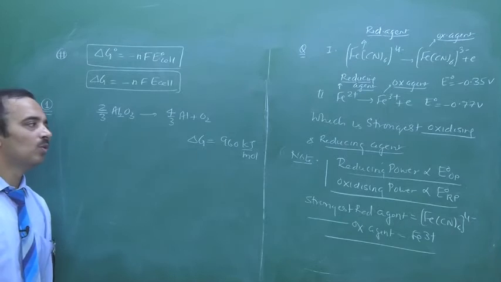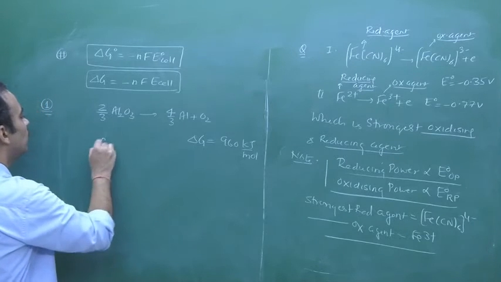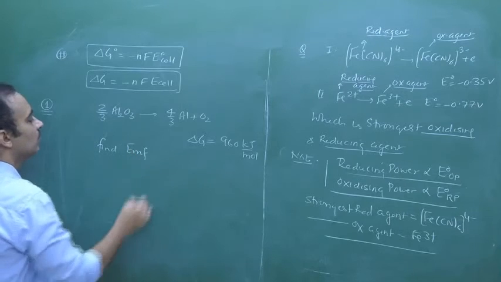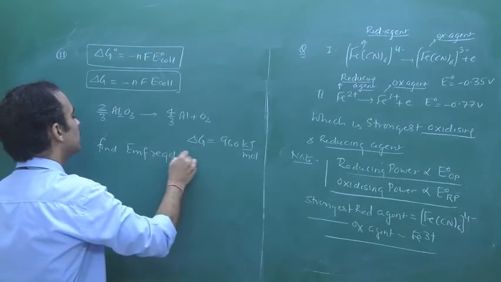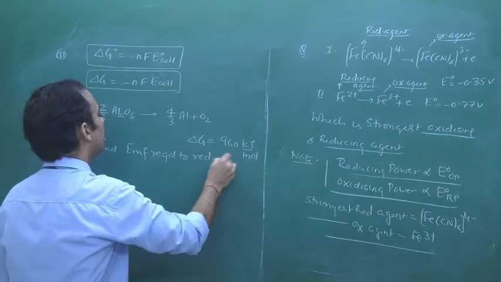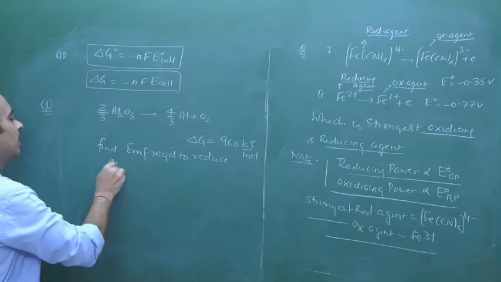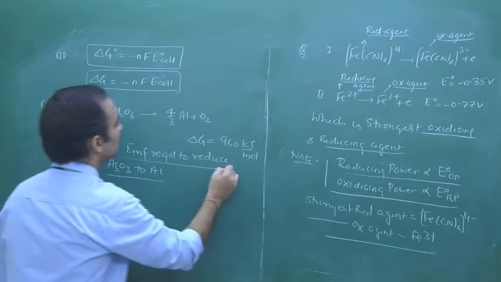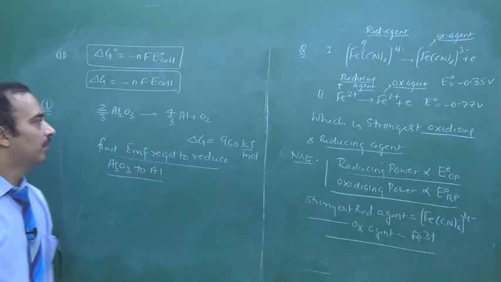You have to find the EMF required to reduce Al2O3 to Al. You have to find out the EMF.